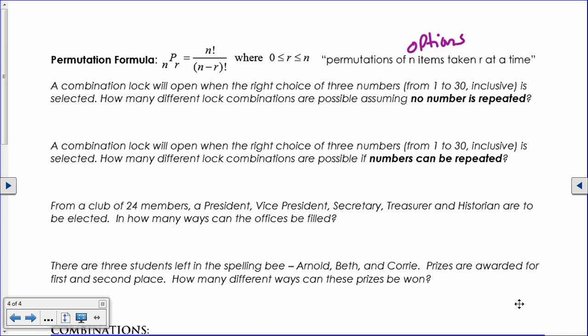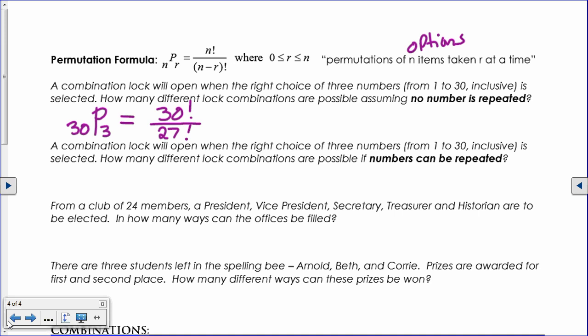Hold on, I want you guys to write the notation. So I have 30 options, 1 through 30, that's 30 numbers. How many of those numbers do I want? 3. I want 3 of them because my combination lock is just going to use 3 numbers, okay? So if I plug it into the formula, what would it look like? 30 factorial divided by 27 factorial because you do n minus r to get the bottom.